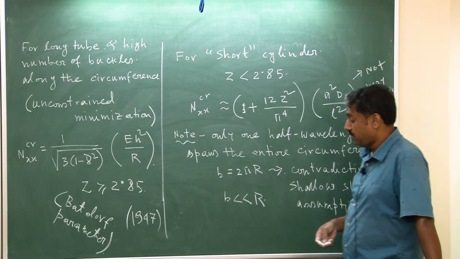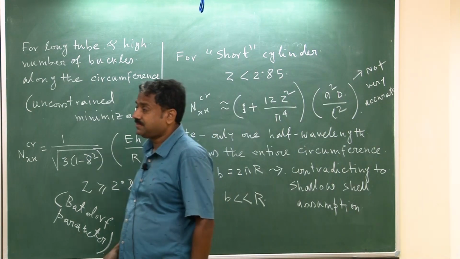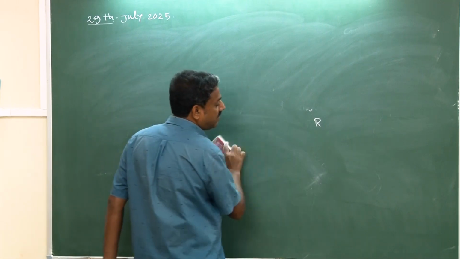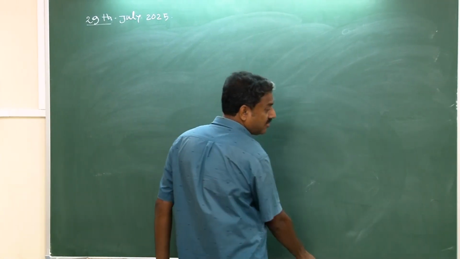Okay. Now, in this case, there are two other extreme cases we must consider. If the shell is very, very long, when the shell is very high, then what happens? Then buckling cannot be governed by the Donnell equation. Why?